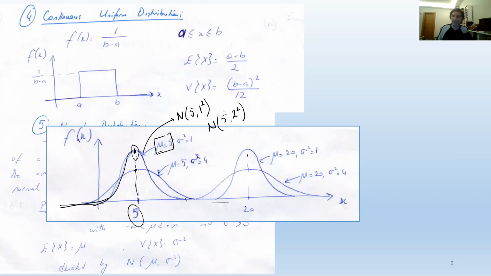Maybe the highest point seems to be here, but it's because of my bad drawing. Again, the mode or median of this distribution is going to be here, but it's going to be a flatter distribution compared to the other one. It's going to die out slower. Why? Because variance is 4 times, or standard deviation is 2 times higher compared to the other one.